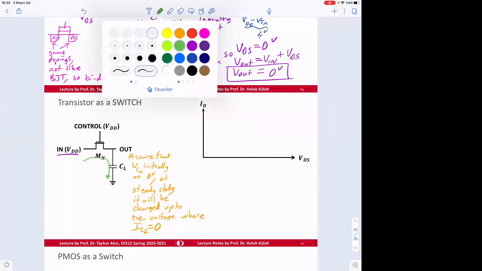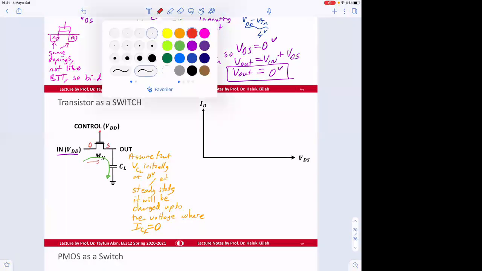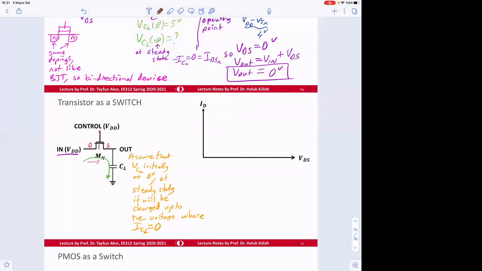First, we can define the drain and source. We know that now the current is going from this side to this side. Therefore, we will call this thing drain. This is going to be source. And typically, this bulk is connected to ground here.